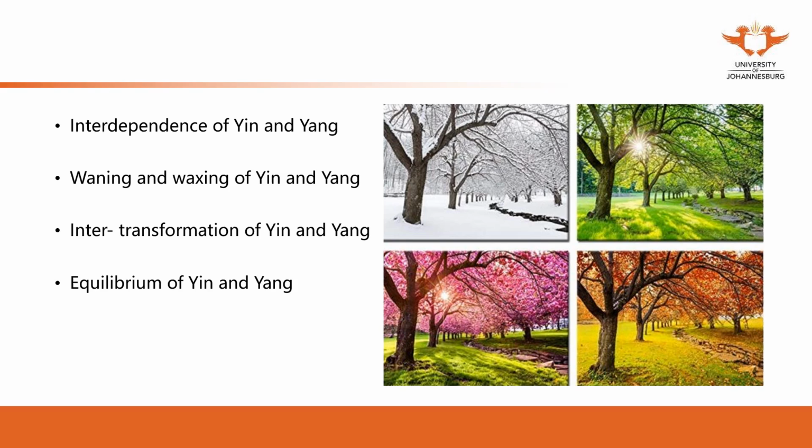The temperature increases, the rain increases, the yang increases, the yin increases as well. From autumn to winter, the weather becomes cooler and colder, we have less rain. So once the temperature reduces, that's the yang reduces, and less rain, the yin also reduces. So these are all different characteristics of yin and yang, waning and waxing.